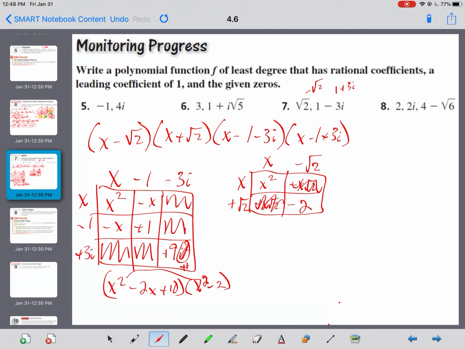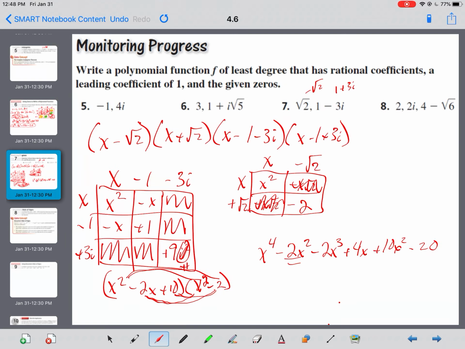x squared times x squared, x to the fourth. x squared times negative 2, negative 2x squared. Negative 2x times x squared, negative 2x to the third. Negative 2x times negative 2 is positive 4x. 10 times x squared is 10x squared. 10 times negative 2 is negative 20.